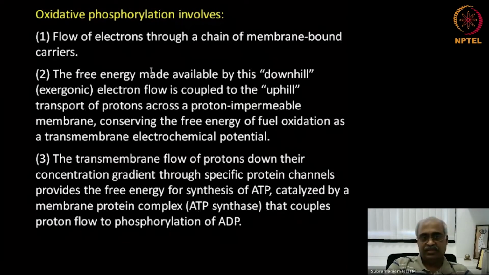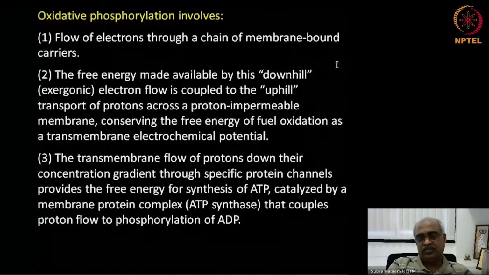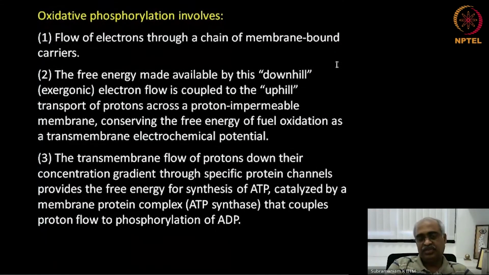So these are the main things. So electrons flow from one carrier to another carrier on the membrane, and that downhill flow is coupled to uphill pumping of protons. Then at the third step, when the protons return back down the gradient, they drive this ATP synthase to make ATP.